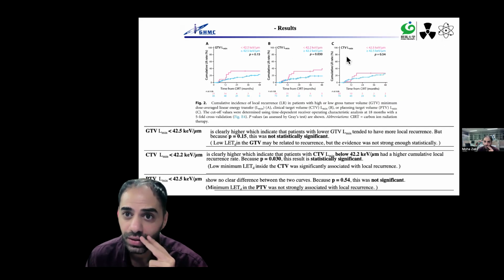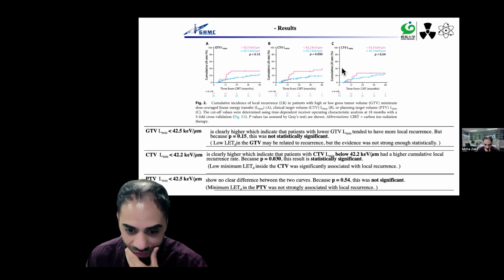I just want to mention, I think there is a little error here where it's supposed to be BTV for figure C. It's a typing mistake, where they wrote CTV.